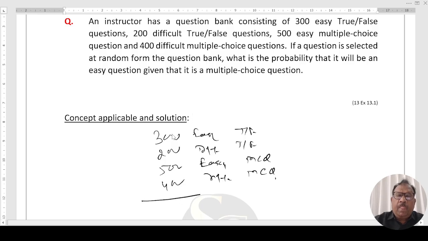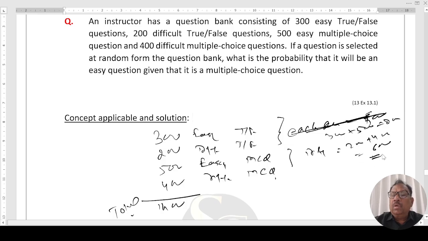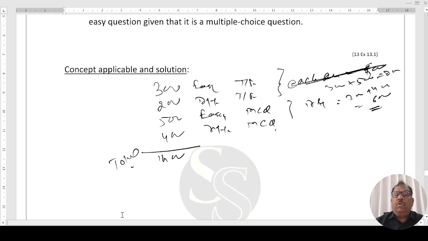Total questions are 1400. Easy questions will be 300 plus 500, that is 800, and difficult questions will be 200 plus 400, that is 600. Right? Now we have to define the events.